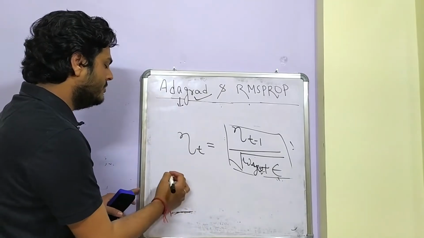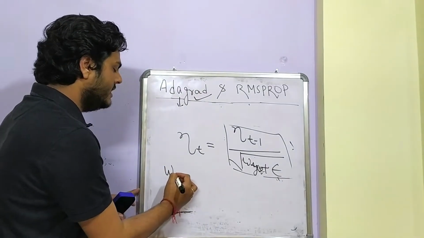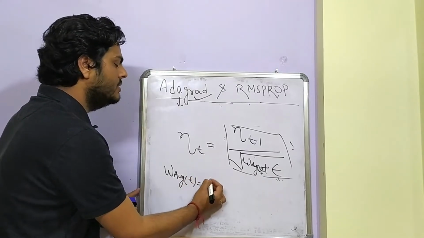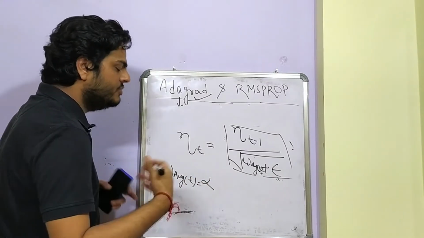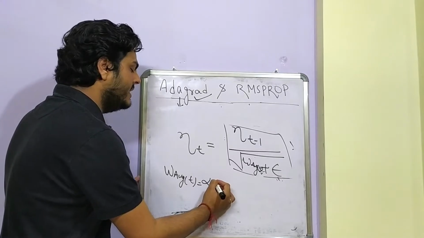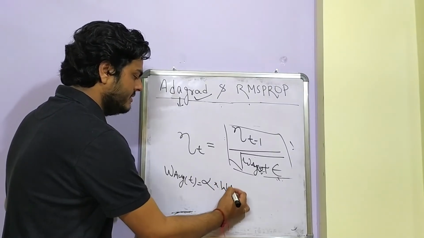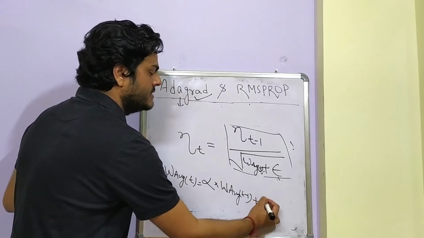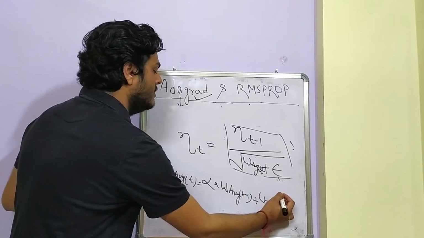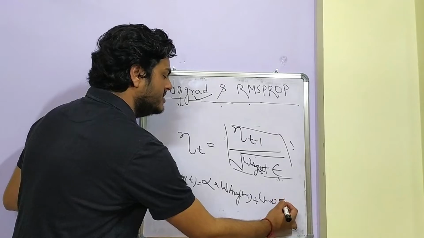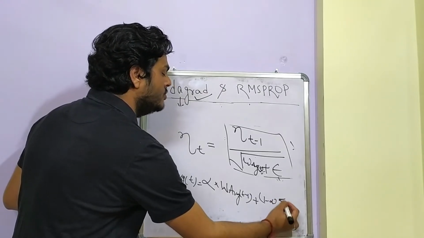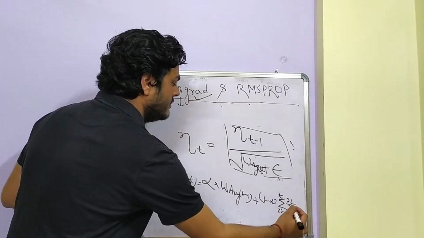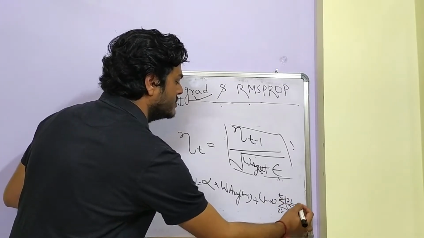I am going to write a formula here. So I can say the weighted average at time t is equal to alpha, which is a tuning parameter, multiplied by the weighted average at time t minus 1, plus 1 minus alpha, multiplied by the summation of i equals 1 to t of (derivative of loss with respect to derivative of weight at time t) whole square.